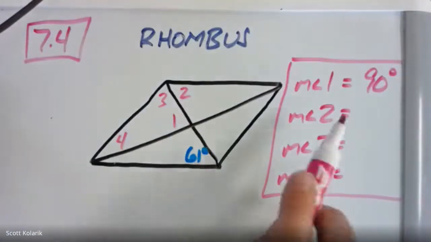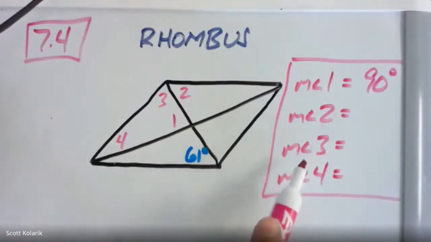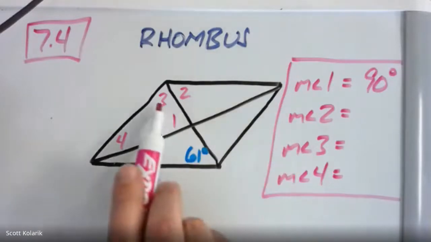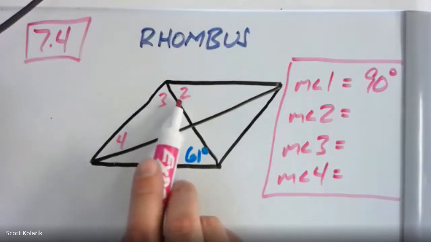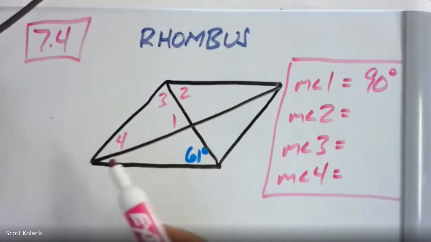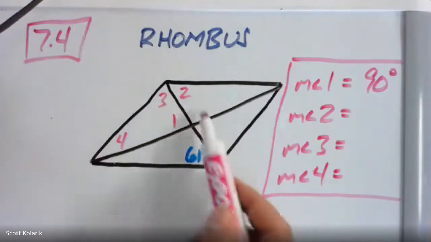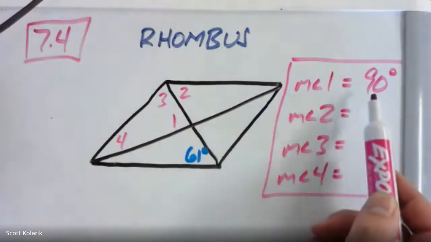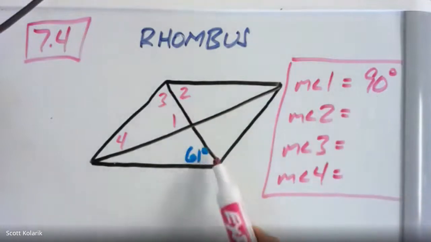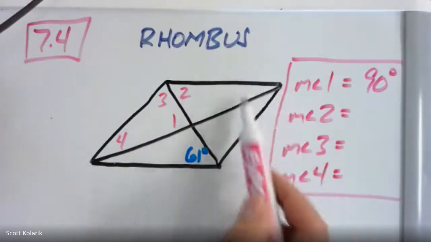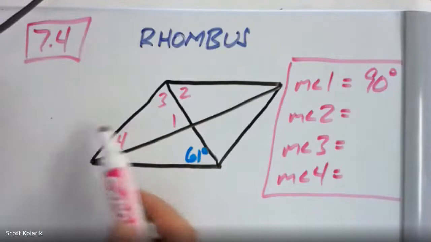All right, angle 2 and angle 3 are actually going to end up being congruent, or equal to each other. These 2 will have to match because of a different property of a rhombus. Not only do these diagonals have to bisect one another, chop each other in half, not only do they have to intersect at a right angle, forcing angle 1 to be 90 degrees here, but also these diagonals bisect opposing angles.